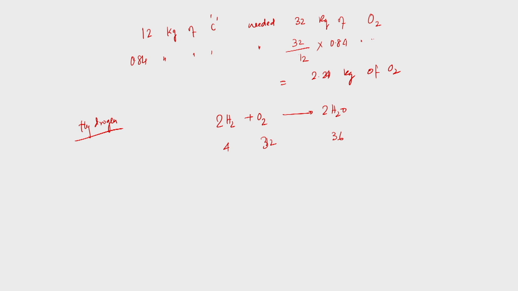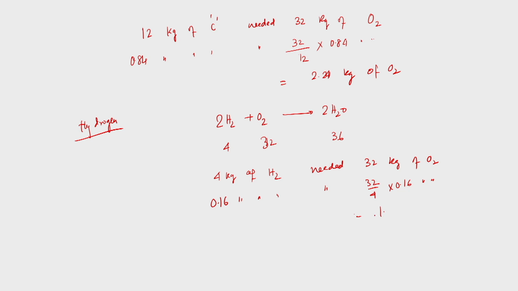From this reaction we can see that 4 kg of hydrogen needs 32 kg of oxygen, and therefore 0.16 kg of hydrogen will need 32 by 4 into 0.16 kg of oxygen.